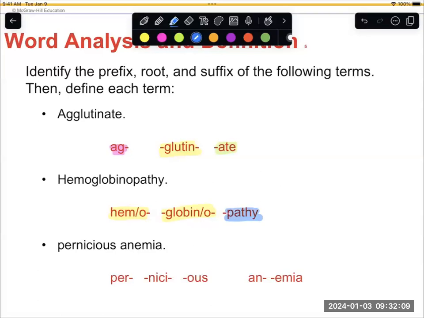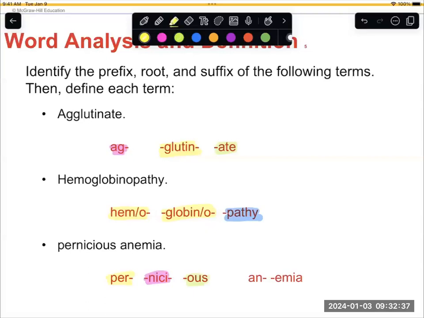Pernicious anemia. So per, my prefix, means through. Nici means lethal. And that suffix ous means pertaining to.